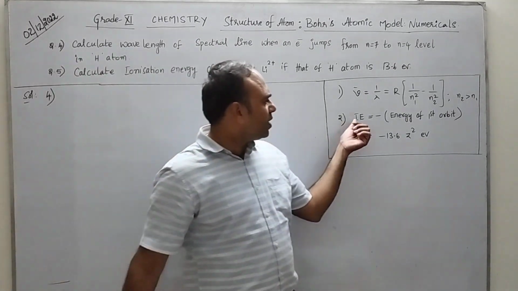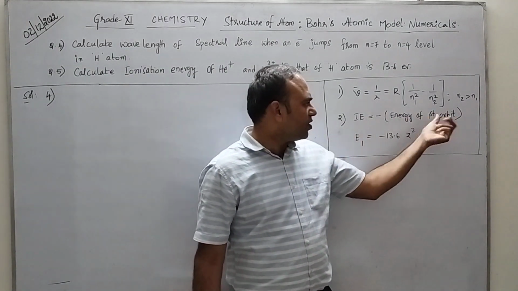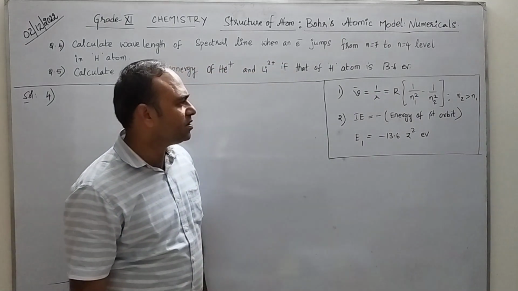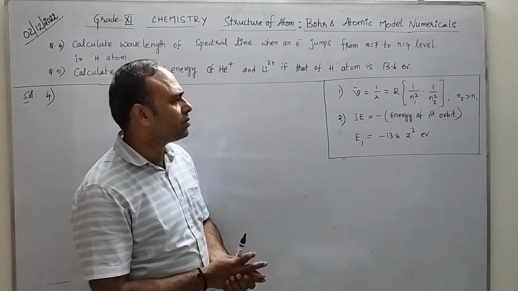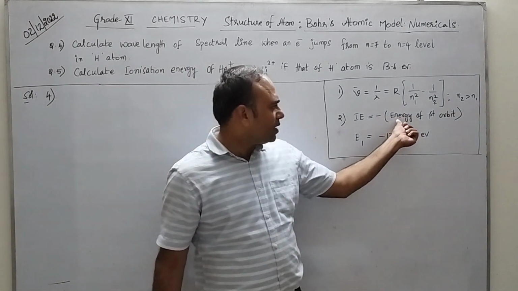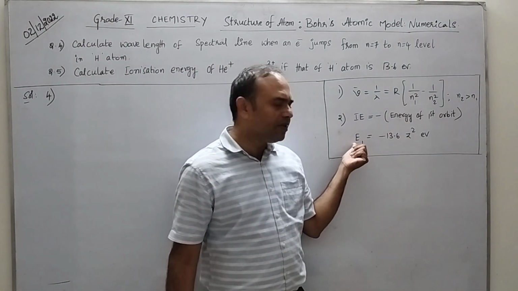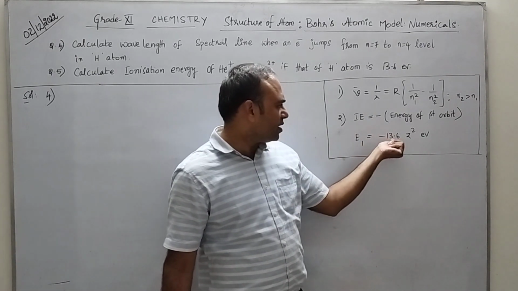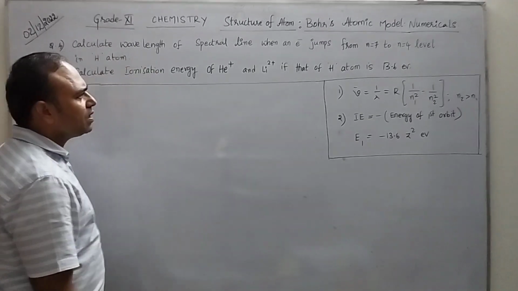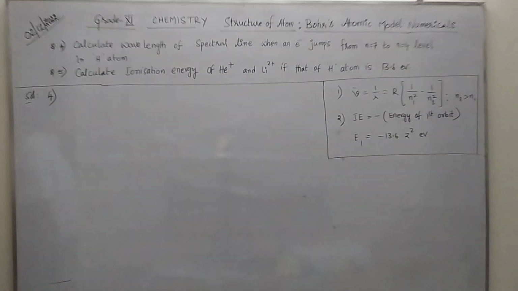The ionization energy formula is minus the energy of the first orbit. You know what ionization energy is? The energy which is required to remove an electron from the outermost orbit. Now E1. What is the formula to calculate the first orbit? That is E1 energy is minus 13.6 into Z square electron volt. So apply these formulae and try to solve these questions.